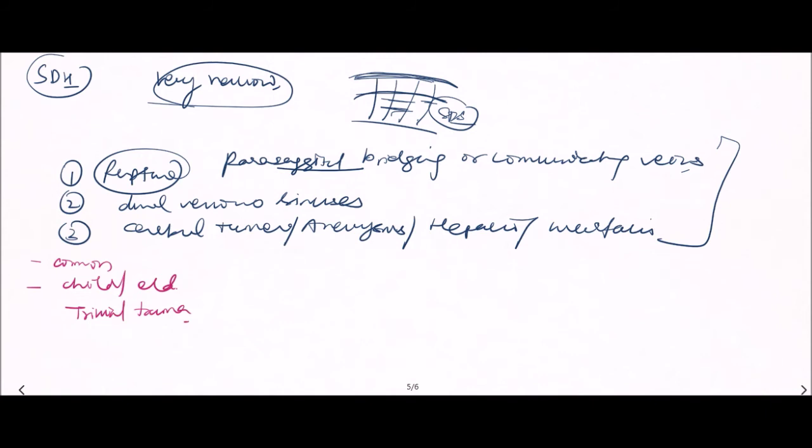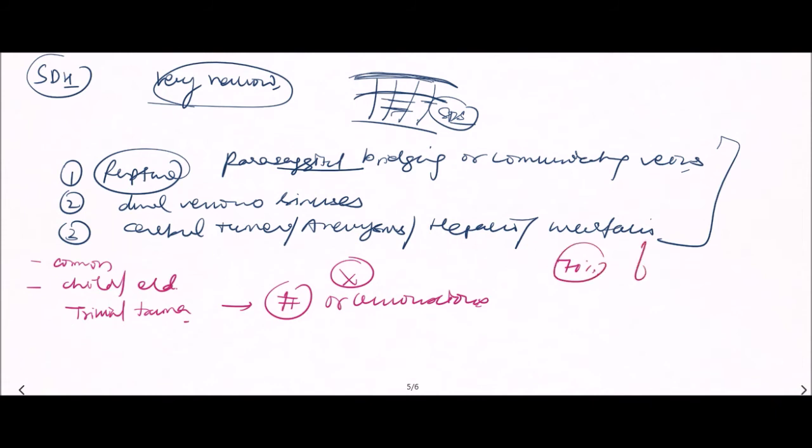It is mostly not associated with any fracture or unconsciousness. In about 70% of cases, this SDH is due to fall or assault, and in about 25% of cases it is seen in road traffic accidents.